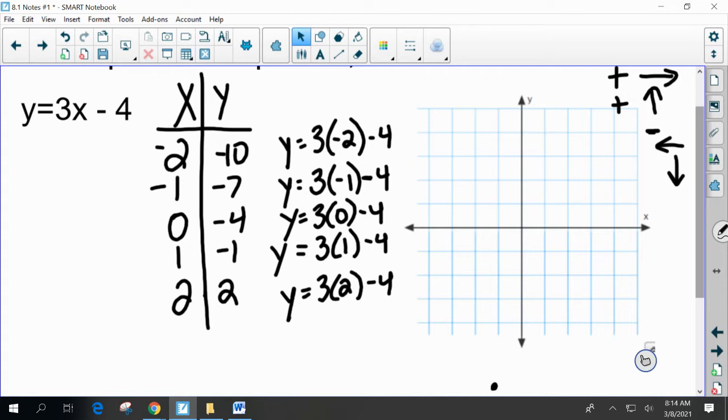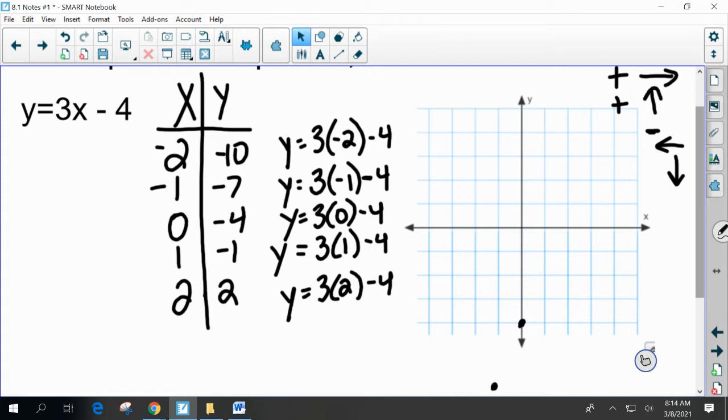So I'm not going to go left or right, but I have to go down 4. So I'm going to come back to the origin and go down 4. Am I just going to randomly place the bottom one off the chart? Well, you're estimating. You just counted down 3 more times.